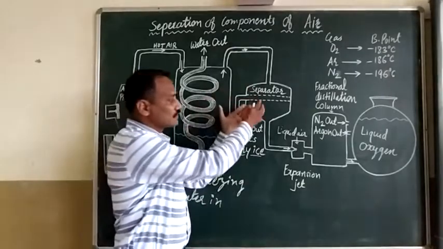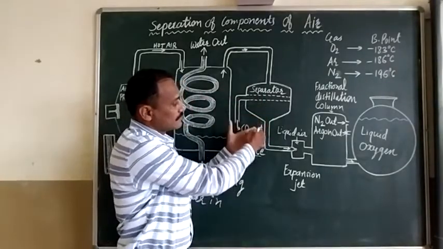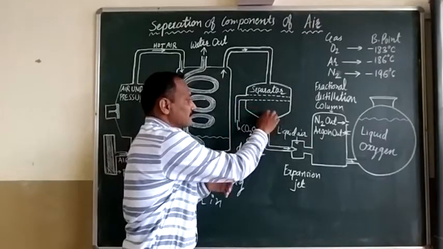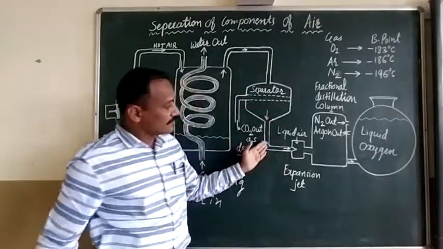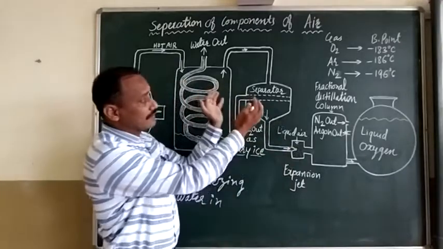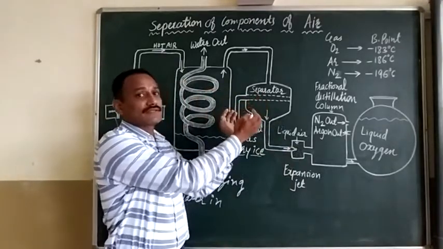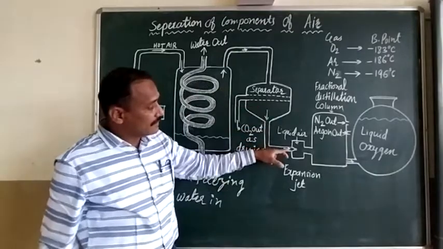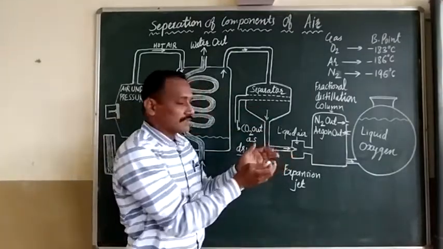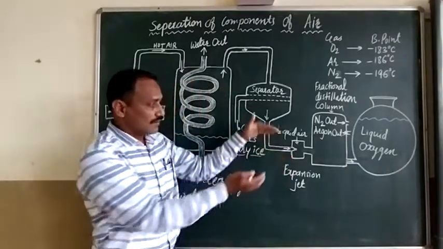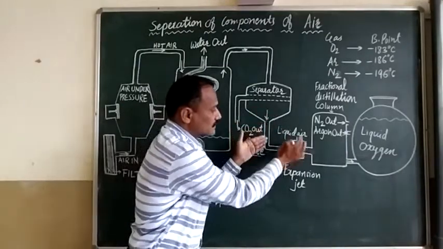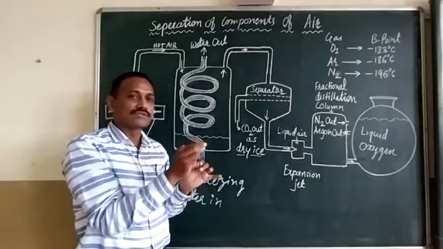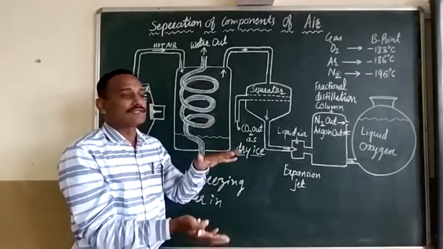Now the remaining components of the air find their way downwards into the next chamber. Here the air is cold compressed air. It is under pressure. Now when that air is allowed to come out through the nozzle, it comes into this chamber, and the chamber is big and the air is allowed through a small nozzle, so there is a sudden drop in the pressure.